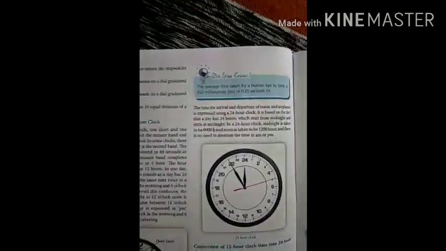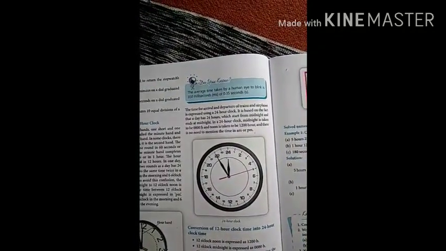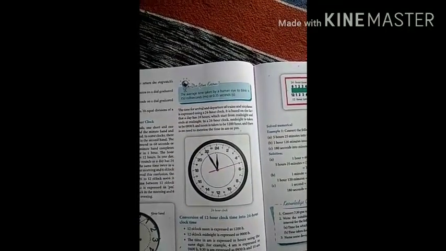The time for arrival and departure of trains and aeroplanes is expressed using the 24-hour clock. It is based on the fact that a day has 24 hours.